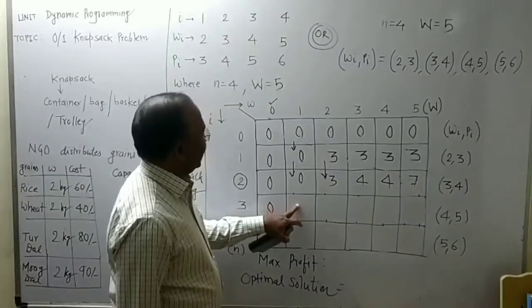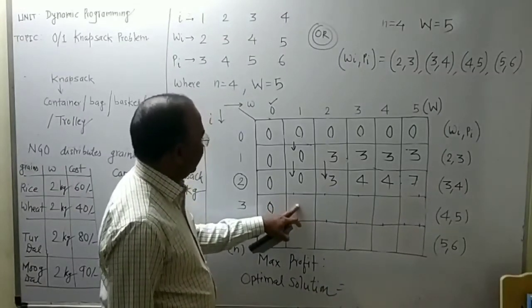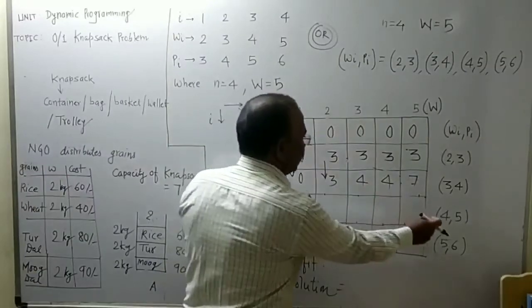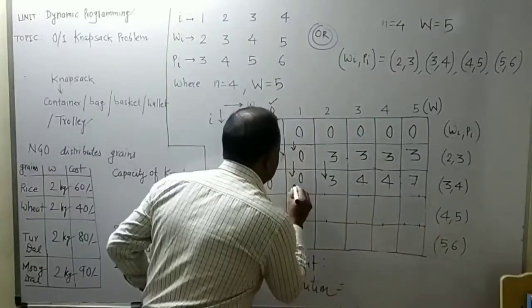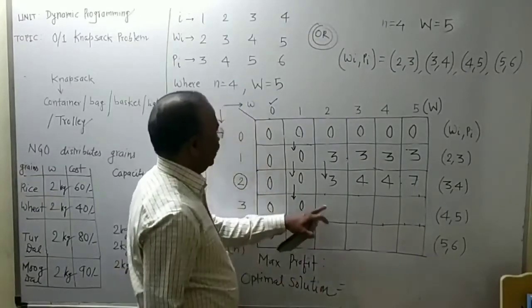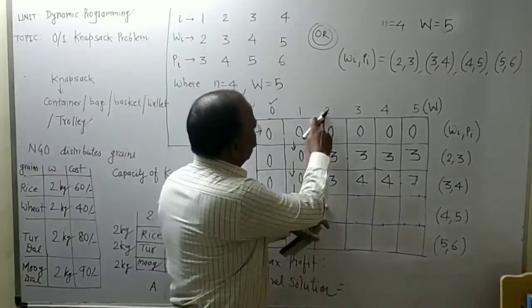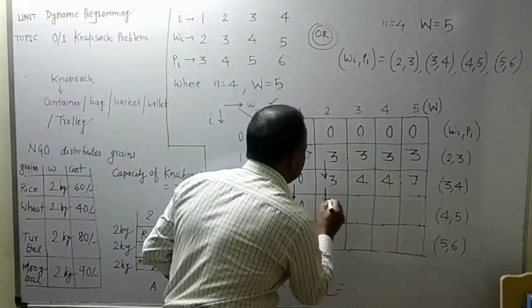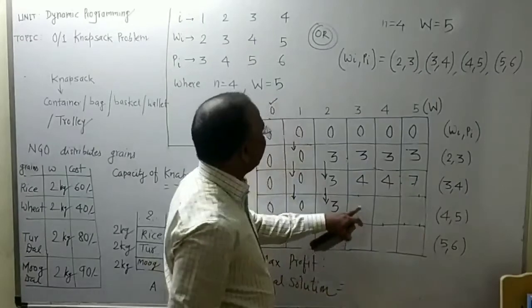Let us discuss the third row. Now for this cell, see the condition. Here the column 1 is less than 4. That's why take the upper value as it is, that is 0. Then for this, 2 is less than 4. So take the upper value as it is, that is 3.